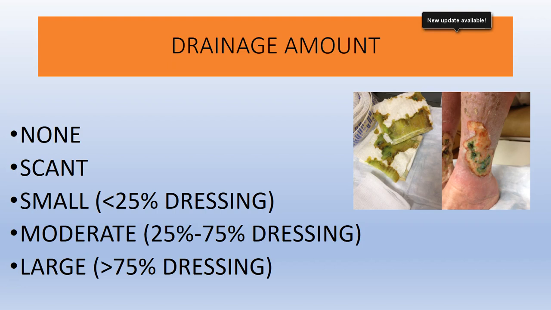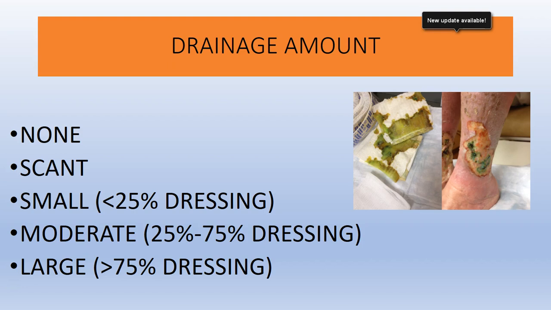So it's important to document the type of drainage that's present. As far as drainage amount goes, there could be, of course, no drainage in a wound. It can be scant. And this system seems to be reasonable for describing the amount of drainage present. Is it less than 25% of the dressing? Is it between 25 and 75% of the dressing, or is it greater than 75% of the dressing?